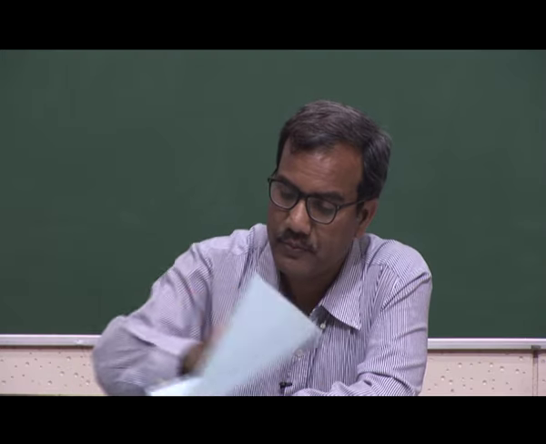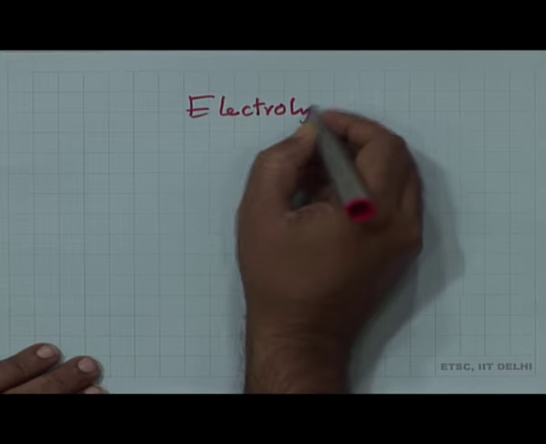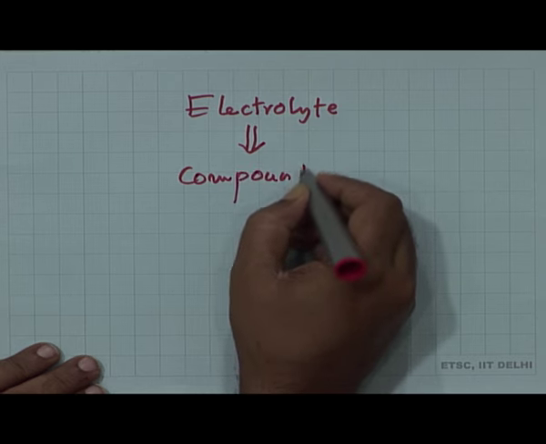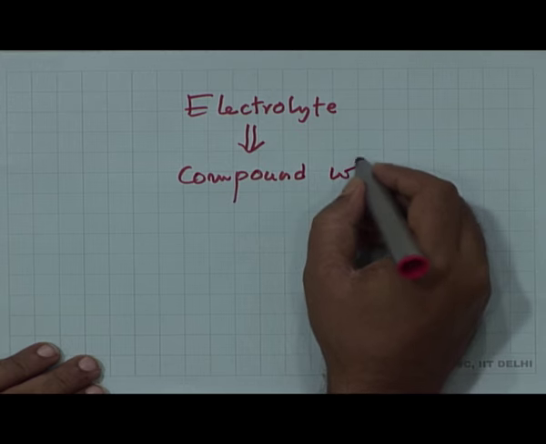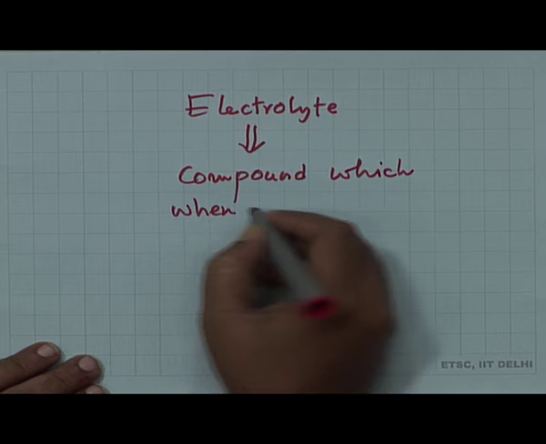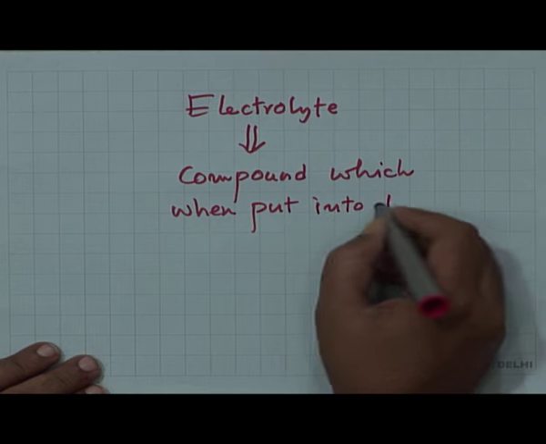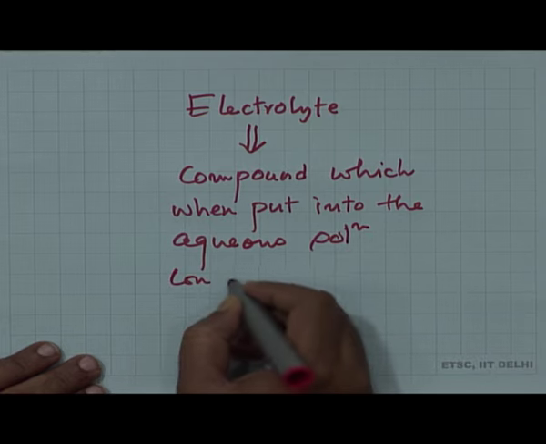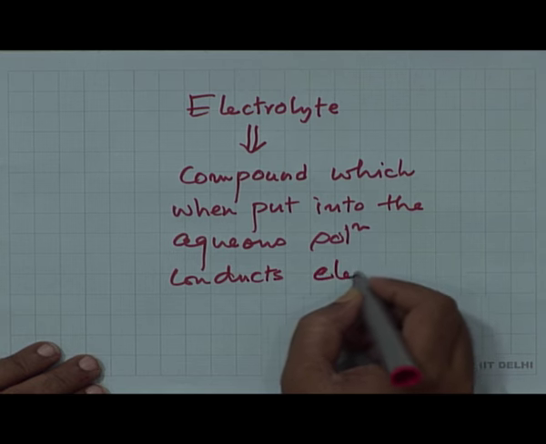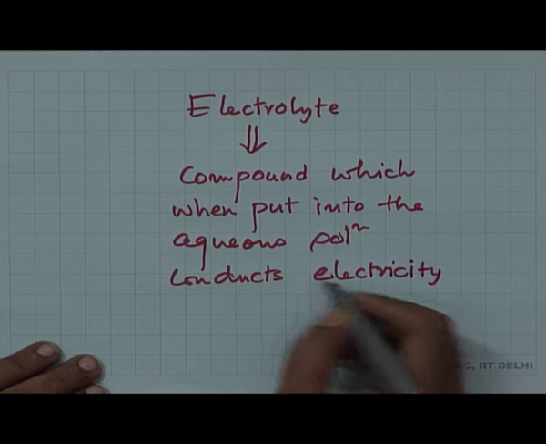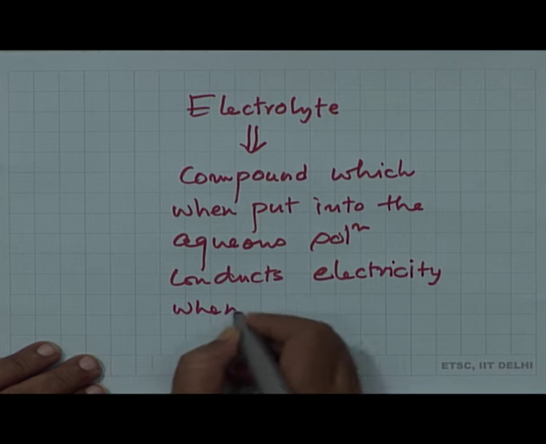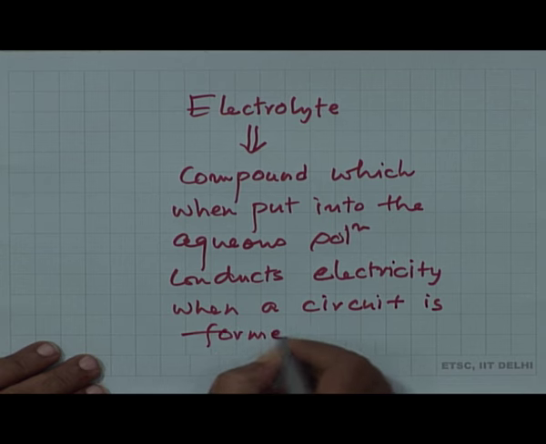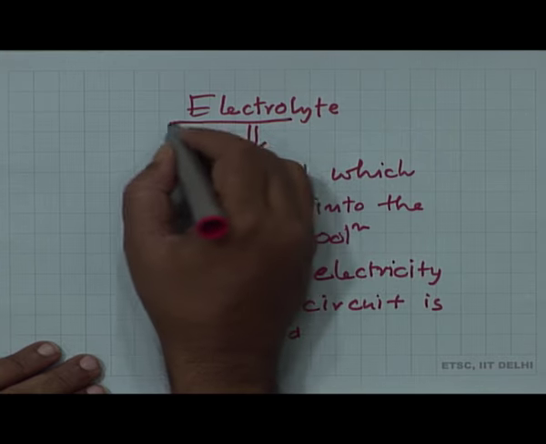An electrolyte is any compound which, when put into an aqueous solution, conducts electricity when a closed circuit is formed, and that is why they derive the name electrolyte.